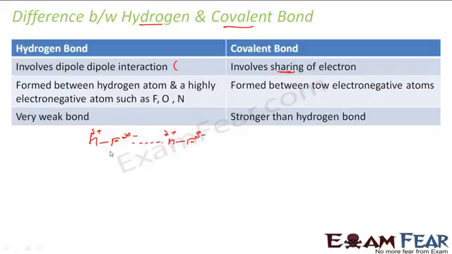There's a bond between them. That's called hydrogen bond. Covalent bond is a sharing of electrons. Hydrogen bond is formed between hydrogen atoms and fluorine, oxygen and nitrogen. But covalent bond is formed between two electronegative atoms, both of which are not willing to give electrons. They will share the electron. Hydrogen bond is a very weak bond and covalent bond is stronger than hydrogen bond.